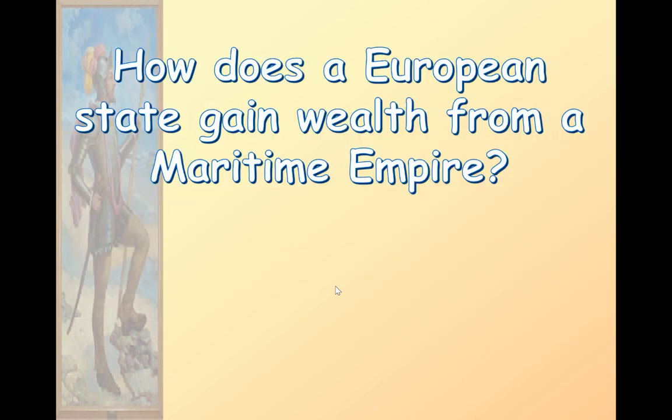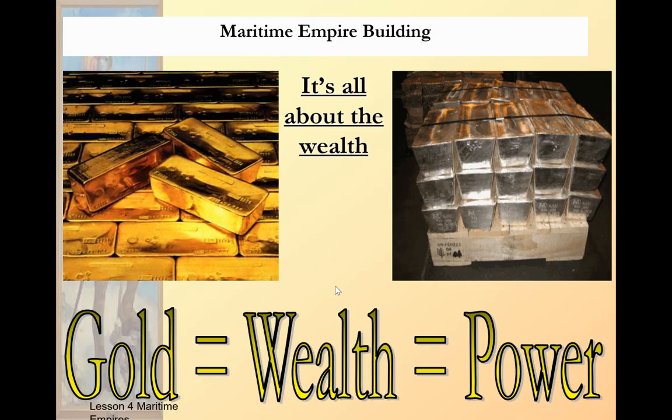So essentially, how does the European state gain wealth from an empire? If it's economic reasons, well, it's all about gold and silver. And the main thing that I want you to understand about this is gold and silver not only equals wealth, it also equals power.